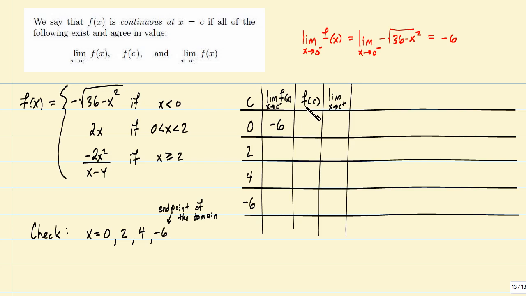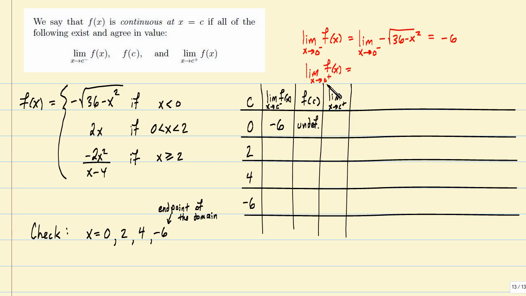Now, what is the next thing here? F of c, f of 0. Well, which piece applies? Notice no piece applies when x equals 0. In a very subtle way, 0 was left off of our domain. This is undefined. The limit from the right, however, moving over to this box, which piece applies here?